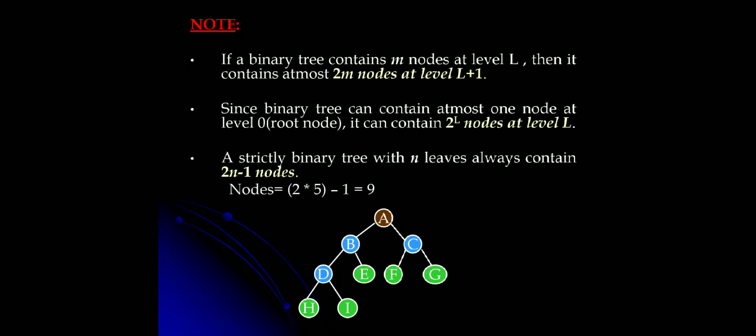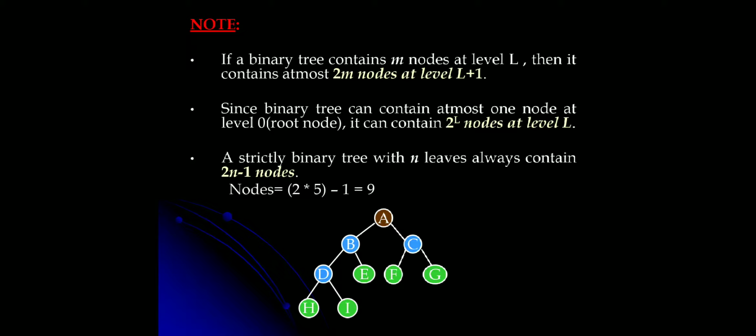Coming to a few points you need to remember with respect to strictly binary trees and complete binary trees. If a binary tree contains m nodes at level L, then it contains at most 2m nodes at level L plus 1. So for example, at level 0, how many nodes will be there? Only the root node.